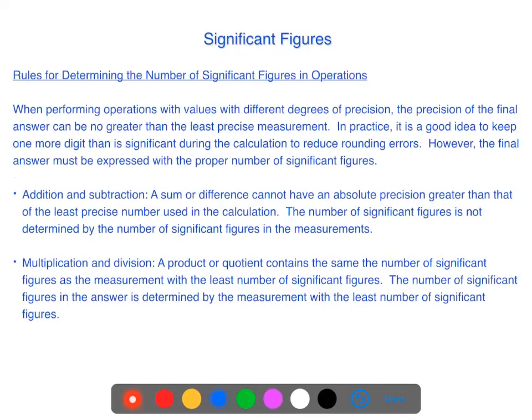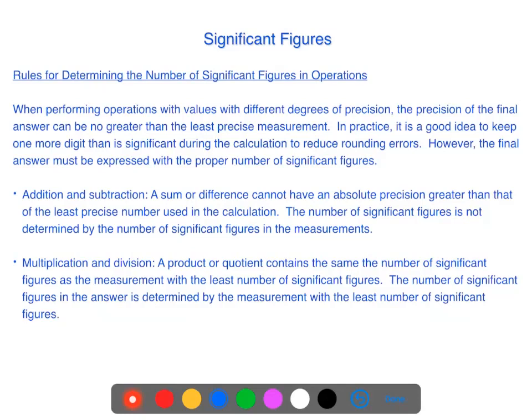So in addition and subtraction, a sum or difference cannot have an absolute precision greater than that of the least precise number used in the calculation. The number of significant figures is not determined by the number of significant figures in the measurements.